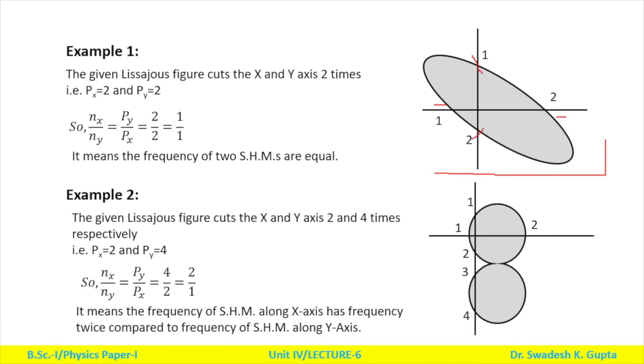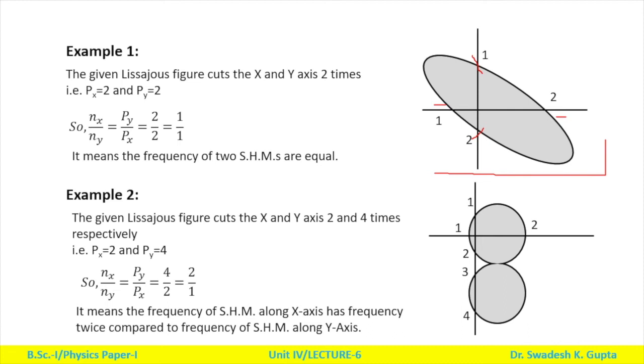So it has two intersects on y-axis and two intersects on the x-axis. So what will be the ratio of the frequency? nx upon ny is equal to py upon px, because both are 2, so the ratio will be 1 to 1. So the frequency of the two SHM here will be same.